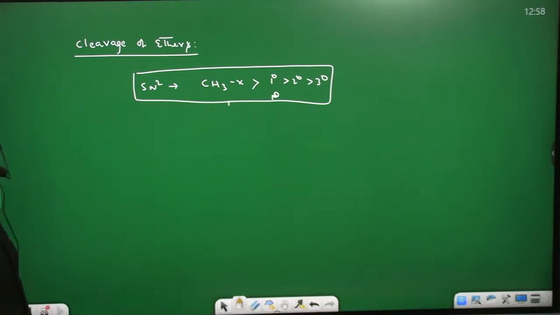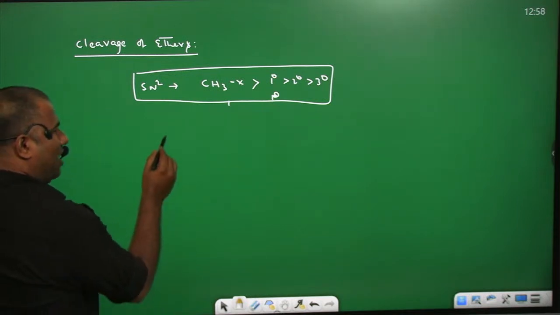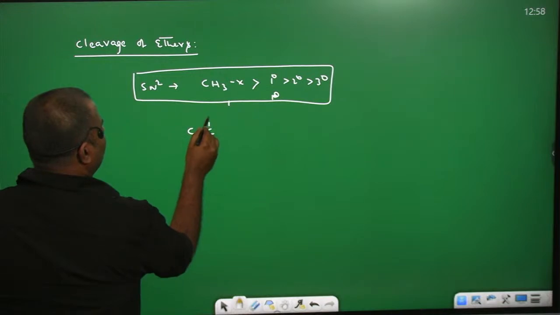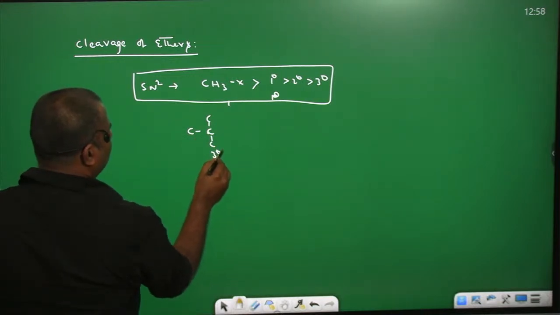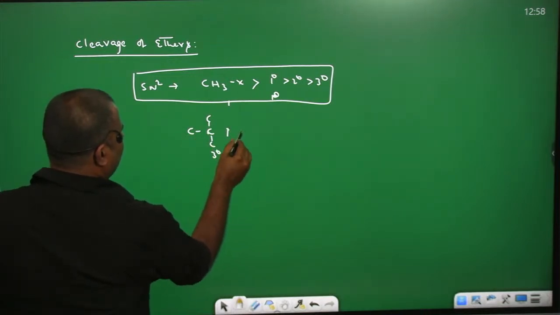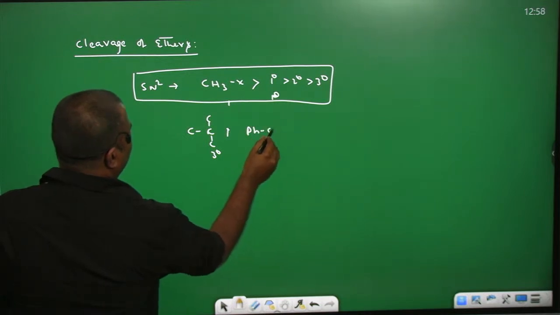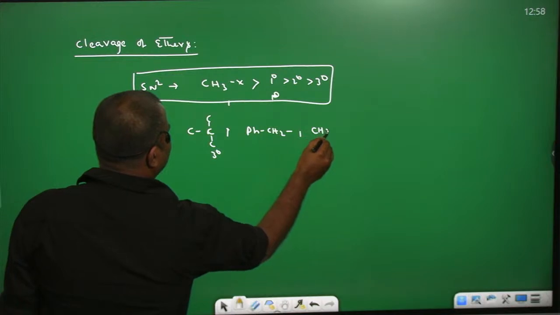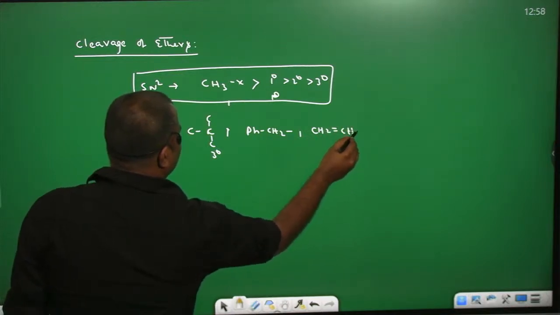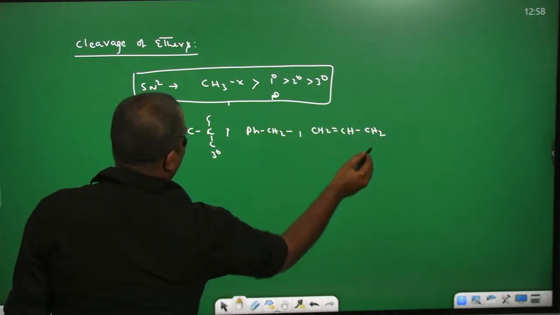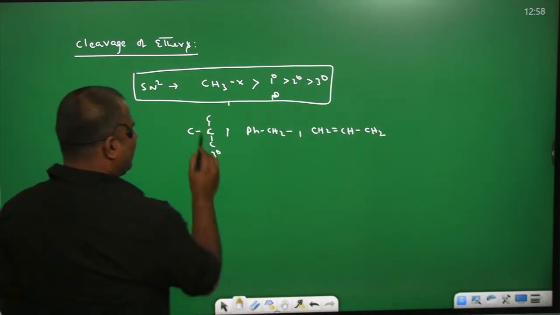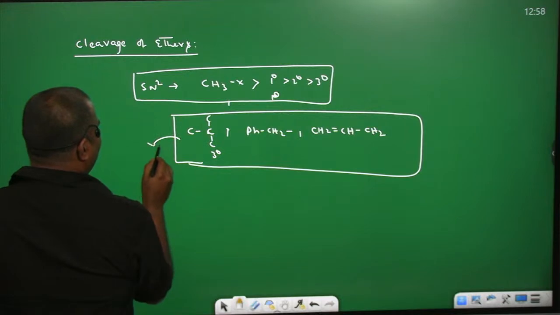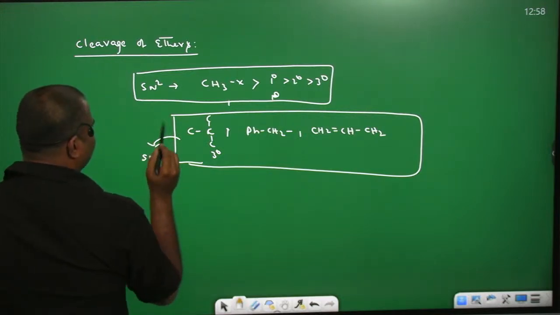We should take cleavage like this. Look, in case of a tertiary alkyl group, or benzyl group, or allyl group, meaning CH2 double bond CH single bond CH2, if these groups are present, the reaction is always followed by the SN1 mechanism.